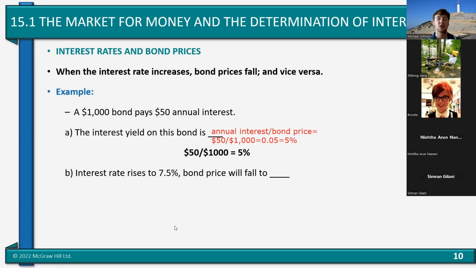And then when the interest rate rises to 7.5%, what will the bond price fall to?